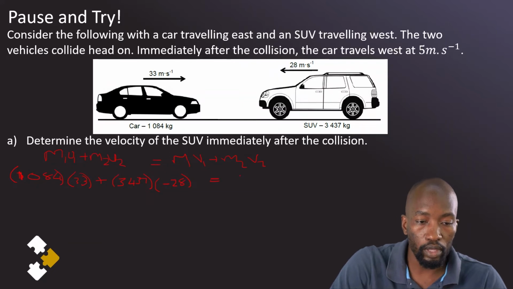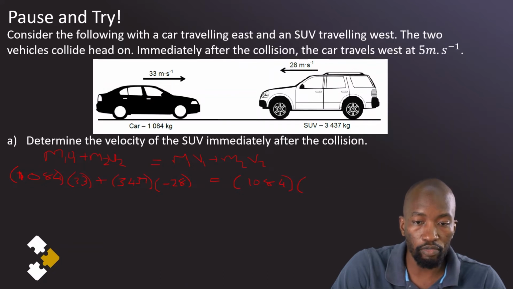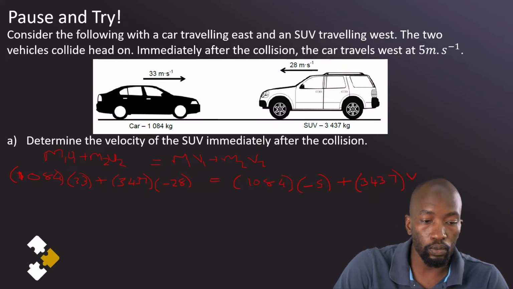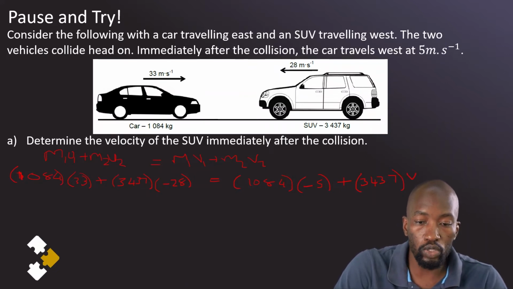Then we have the mass of the car still being 1084, then its velocity is 5, but west, so that'll be minus 5 there. Then plus the mass of the SUV, 3437, and we want to find its velocity. So now let's quickly solve for V2 there.